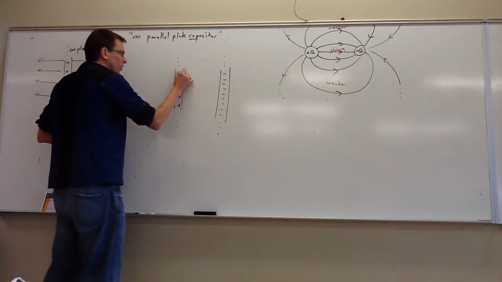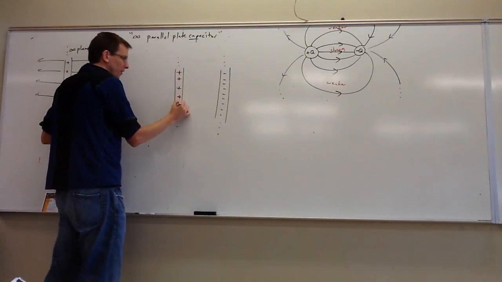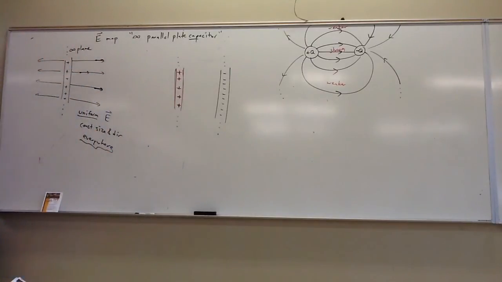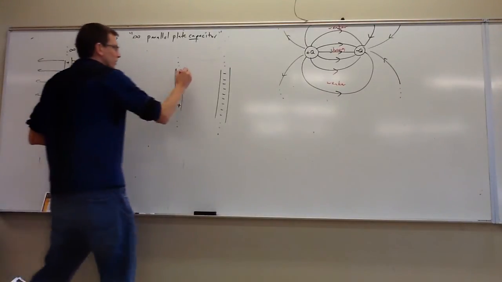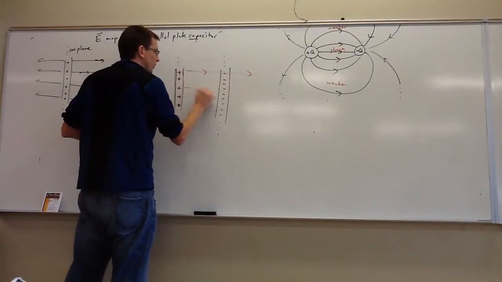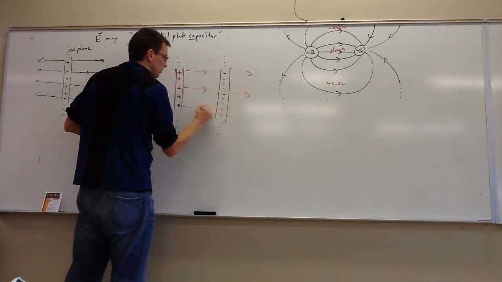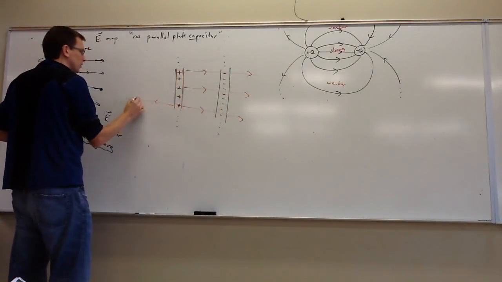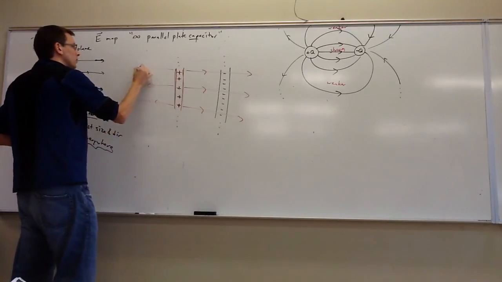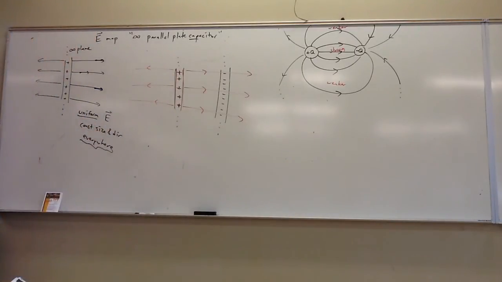Let me label them. I'll label the plus to be red. And I can draw the electric field. That makes a uniform electric field. It looks like this, everywhere out in space. Uniform. Simplest electric field possible.